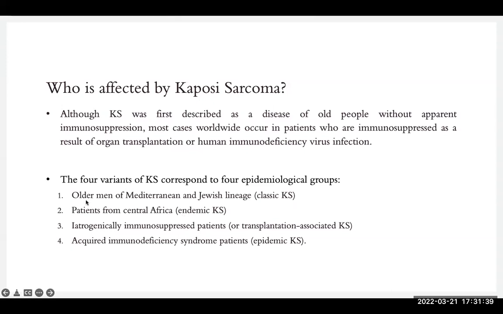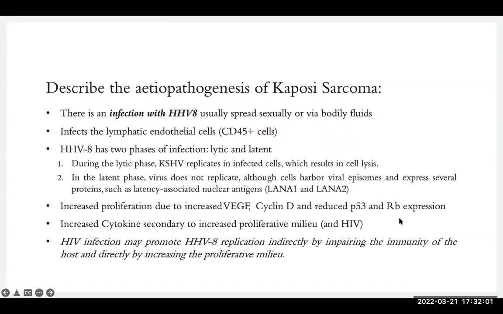Okay, and the older Mediterranean Jewish people will have the classical type. This does not mean that you'll not see it in Africa. Okay, you can still see these types because again, it causes around 5% of all malignancies in Kenya. So you also expect Kaposi sarcoma.